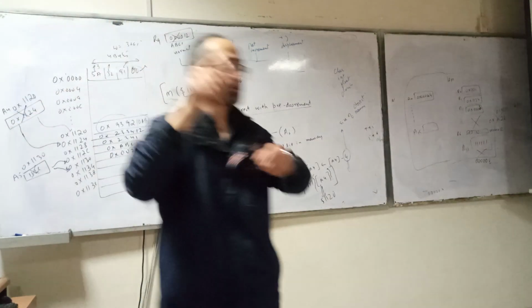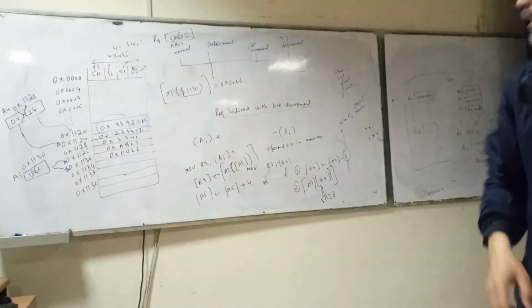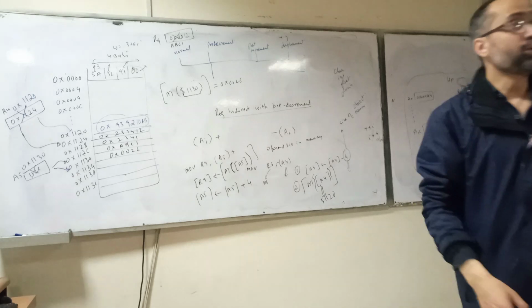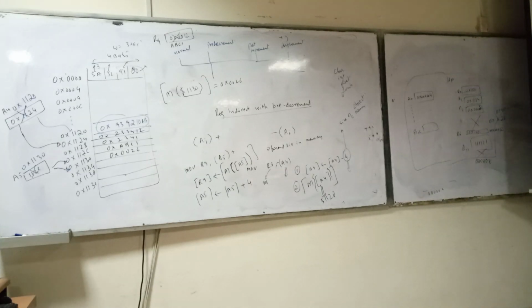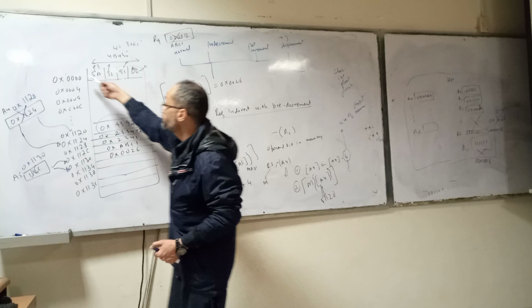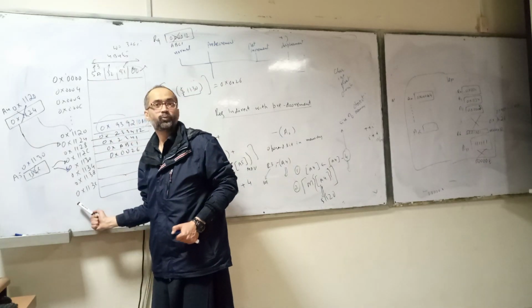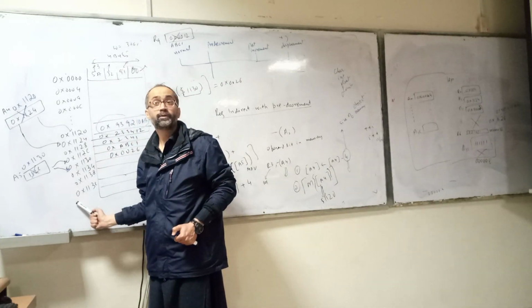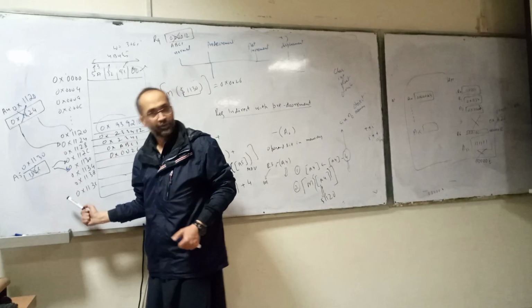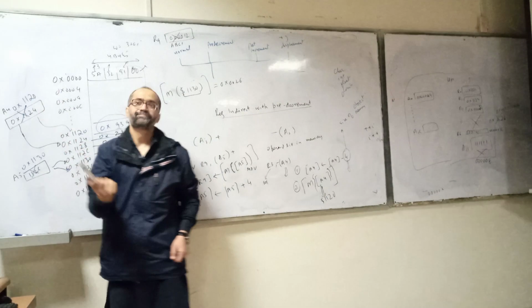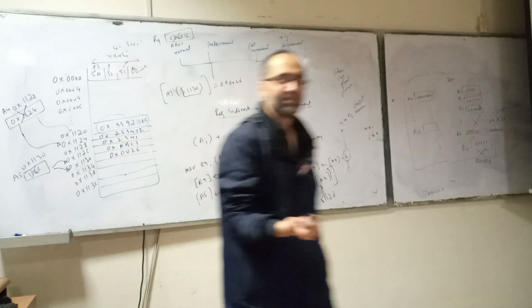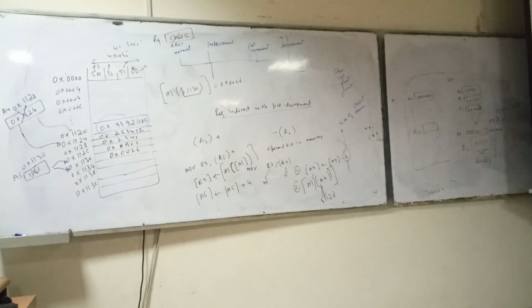Let's assume you have some elements of the array, and we want to find the sum of all elements of the array. First you need to access the first element, then increment to the next element. So now it's up to you. If you want to move from top to bottom, which addressing mode will you use? Post increment. This is indirect post increment. If you are moving from bottom to top, pre-decrement. That's the philosophy. So simple.